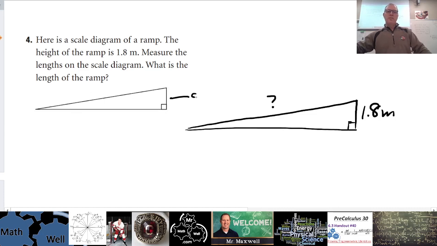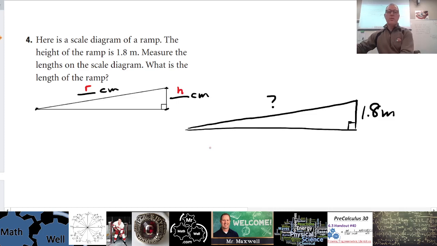How many centimeters is the height of this ramp? And how many centimeters is the length of the ramp in the diagram? You're going to have to set up a ratio to find the missing side. With a ruler, you're going to have to measure. Now let's say this is h centimeters and this is r for ramp centimeters.